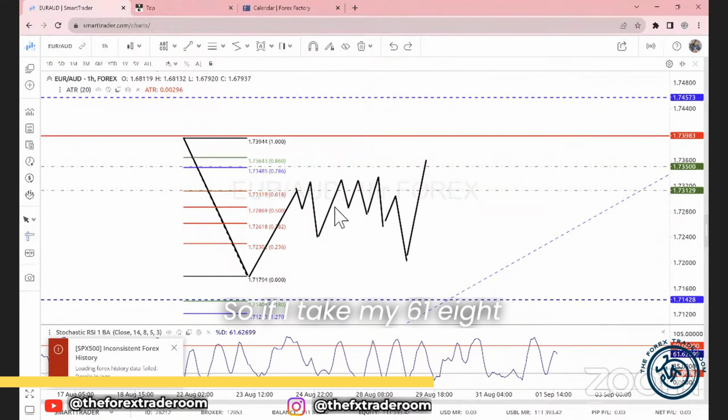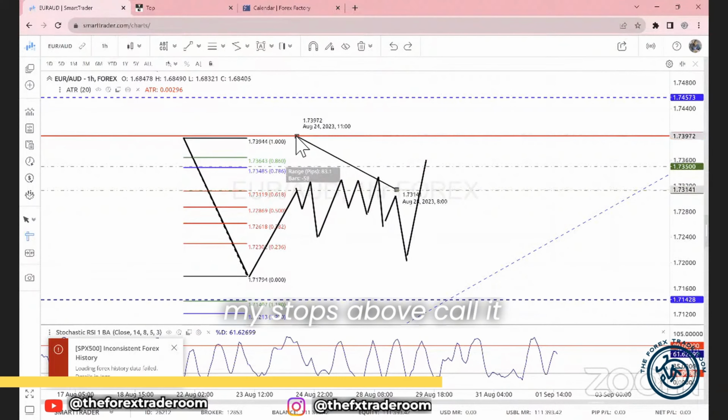So if I take my 61.8 position, my stop above the A, call it 83 pips. Somebody tell me, risking $50 at that position, and it's 83 pips, what lot size am I trading at?